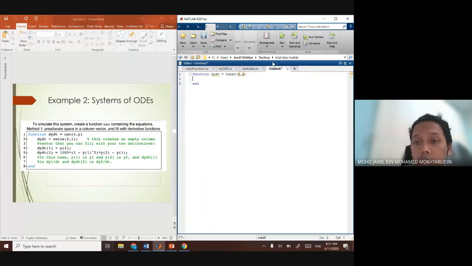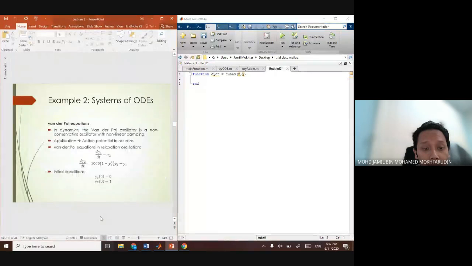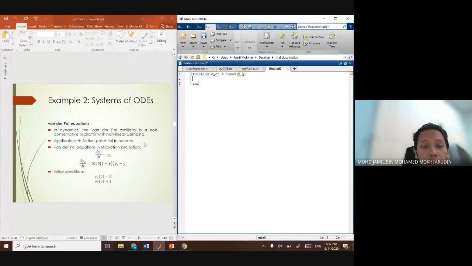Okay, so first we look at the ODE. Since there are two ODEs here, dy1/dt and dy2/dt, you need to have your dy/dt as an array with dimension 2 because you have two ODEs.